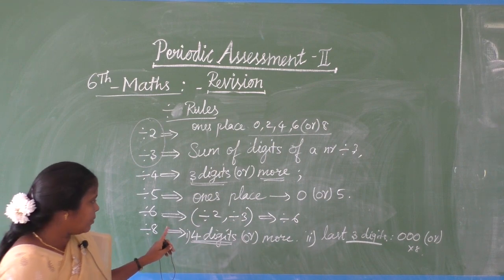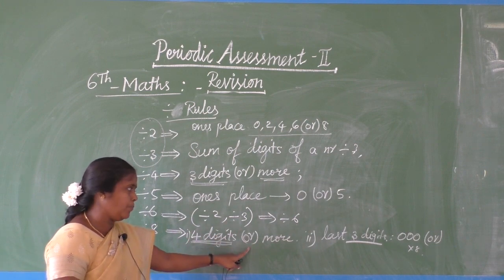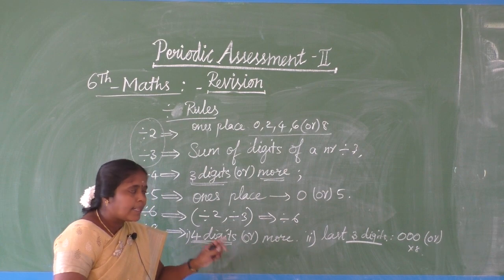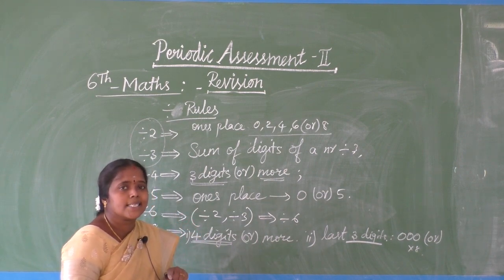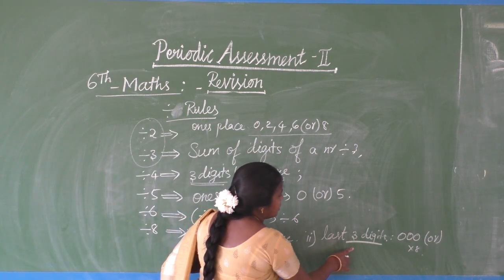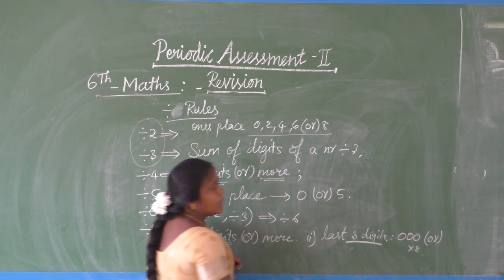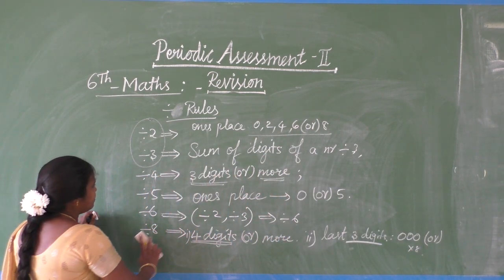Understood? First condition, the number must contain 4 digits or more. Second condition, the last 3 digits, nothing but ones, tens, hundreds, contain either 0, 0, 0 or multiples of 8. Clear?